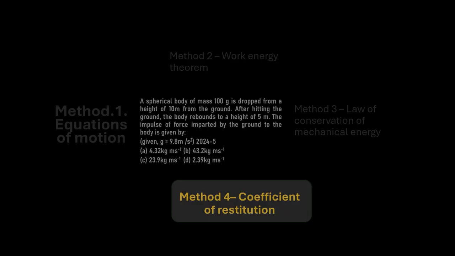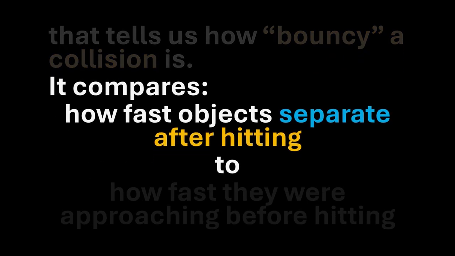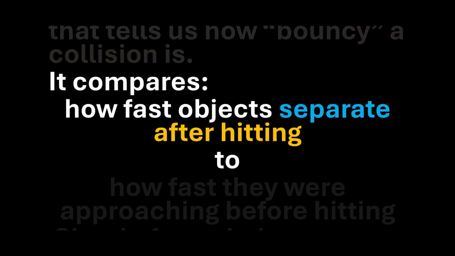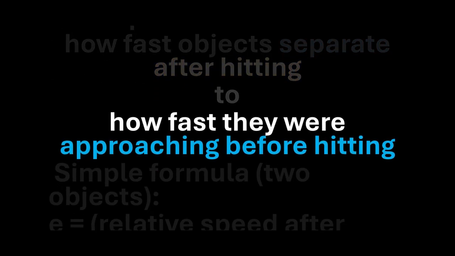Having said that, let's try to understand what coefficient of restitution is first. Coefficient of restitution is a number that tells us how bouncy a collision is. It compares how fast objects separate after hitting compared to how fast they were approaching before hitting.